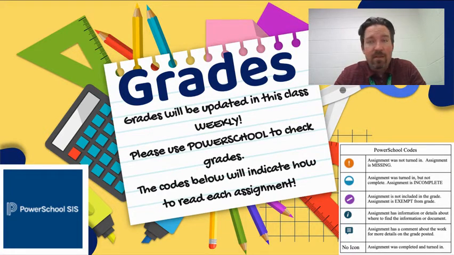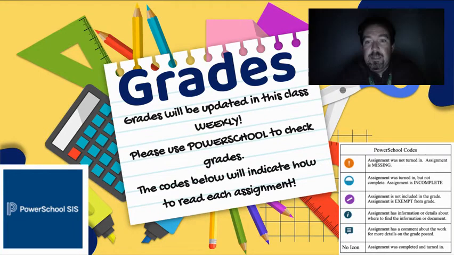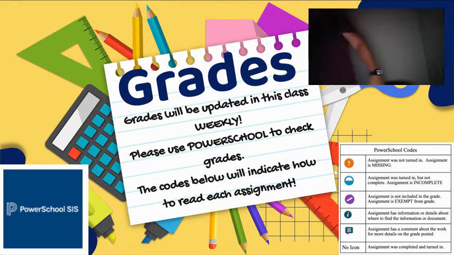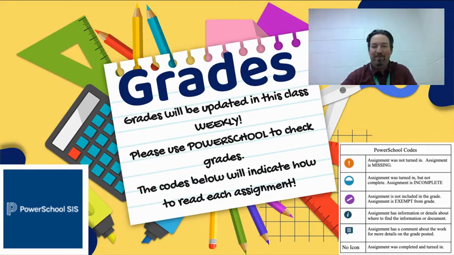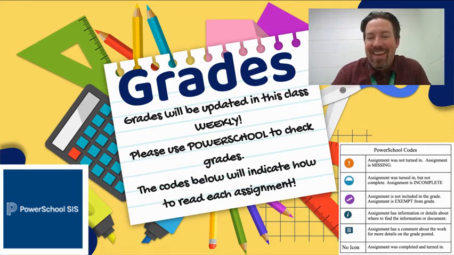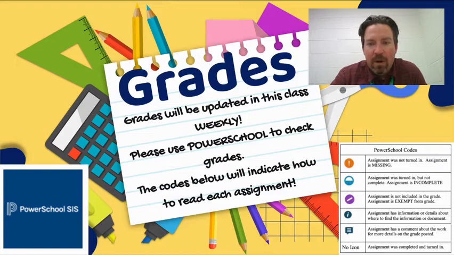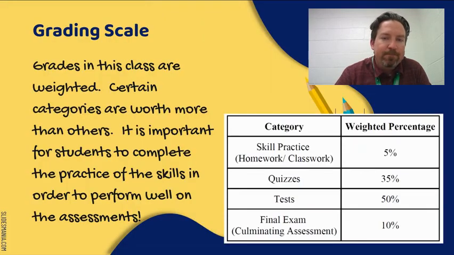So even if it's a 5 out of 10, if you see that orange exclamation point, you will know that it is incomplete. Apologies, I need to stand up and get my lights to turn back on. Technology is wonderful. Anyways, the PowerSchool codes are listed in PowerSchool, so you don't need to memorize all of those, but the orange exclamation point is the biggest one.